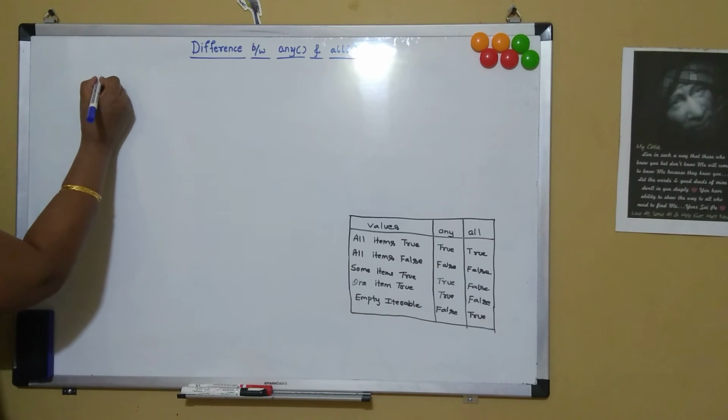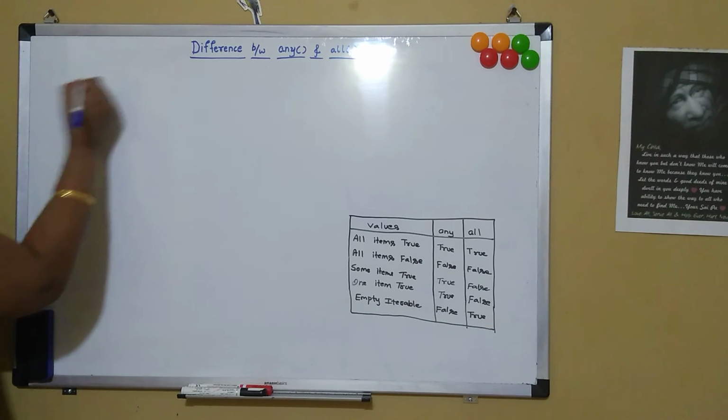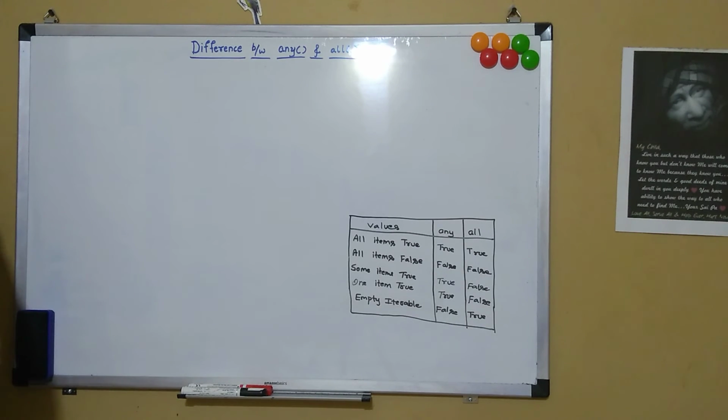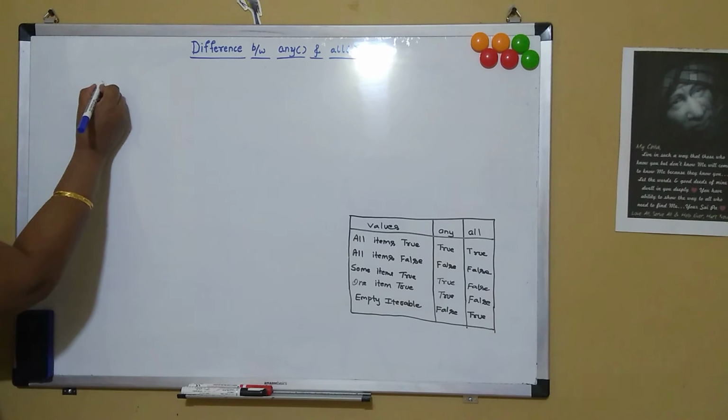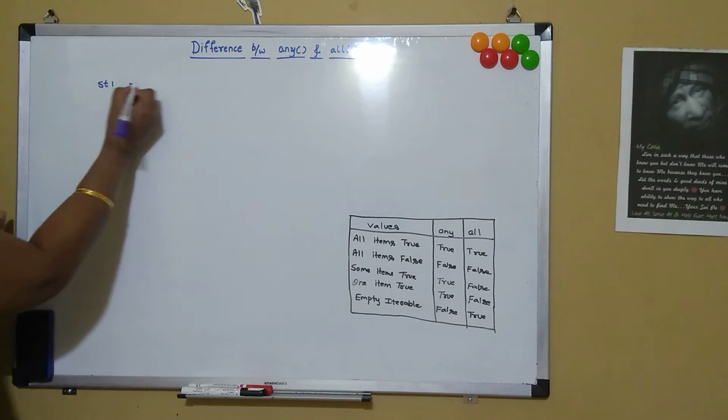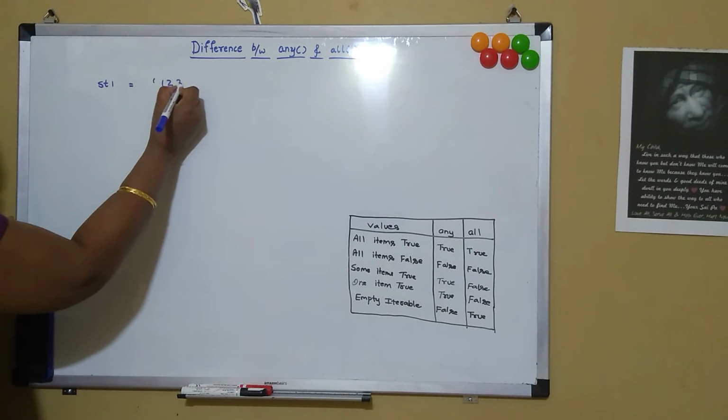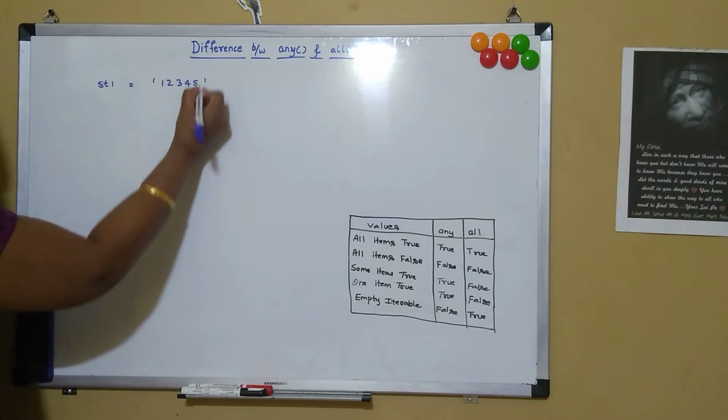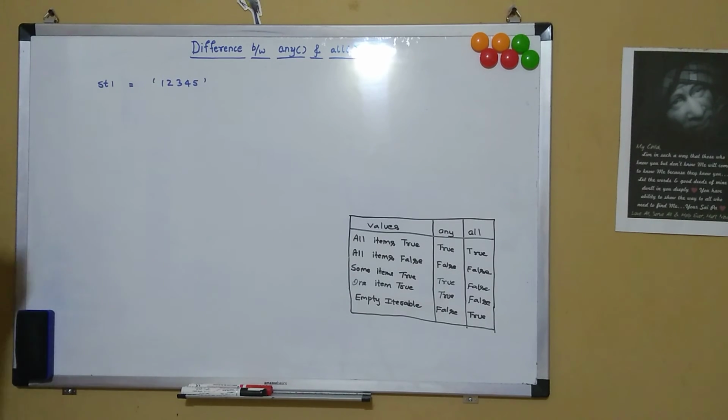So let me take st1 is equal to 1, 2, 3, 4, 5, all digits.